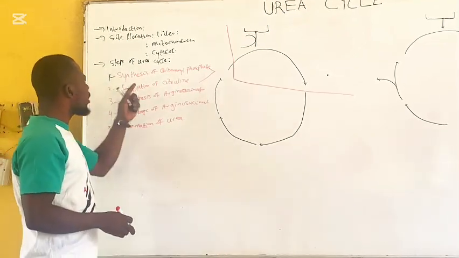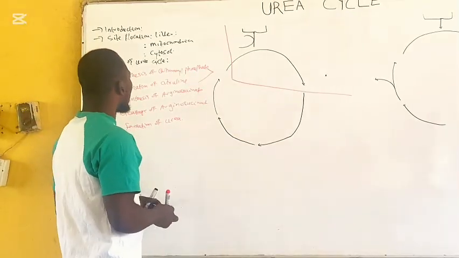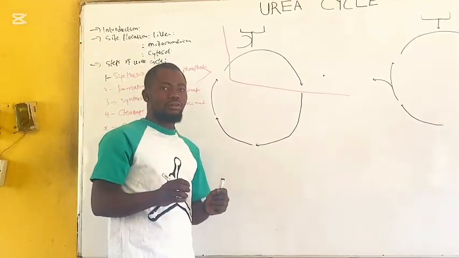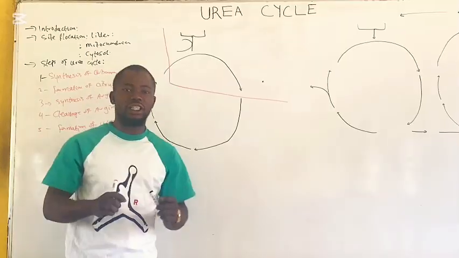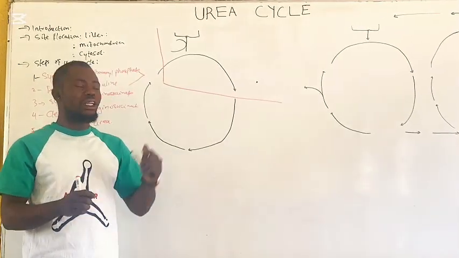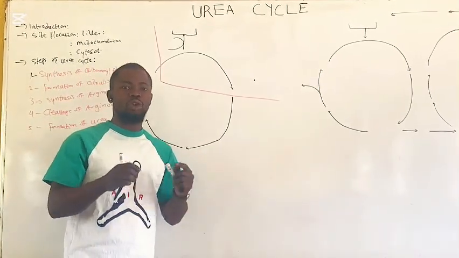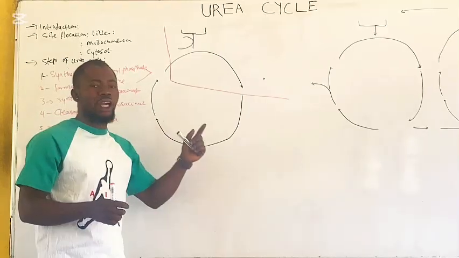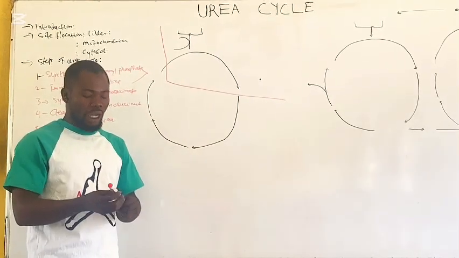So now, the first step here is the synthesis of carbamyl phosphate. It is the first step of the urea cycle, and it is formed by the reaction between 1 molecule of ammonia and 1 molecule of carbon dioxide.